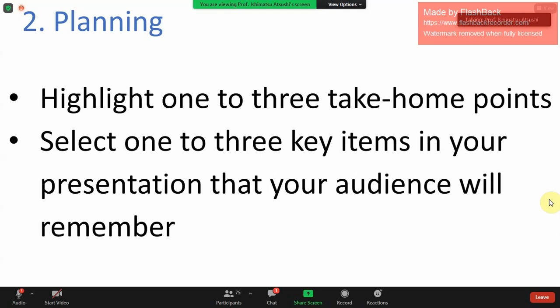The core message had better be either one or a few, because otherwise audiences will not remember what was important in your presentation. So we better squeeze, we better focus upon the core message and give a strong message to your audience by highlighting.